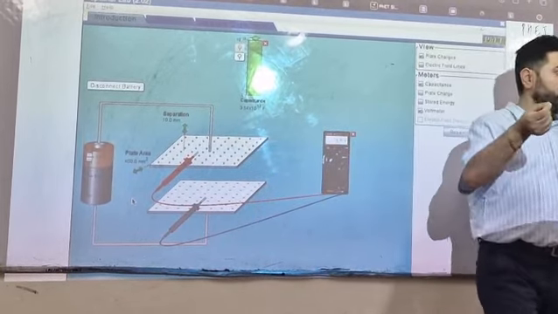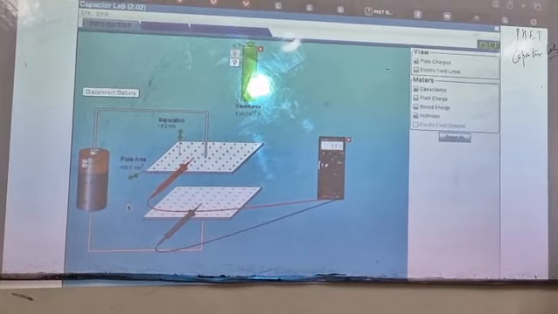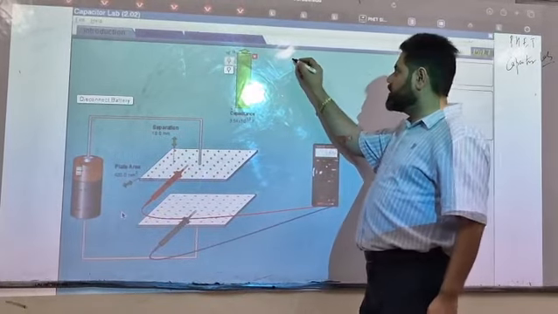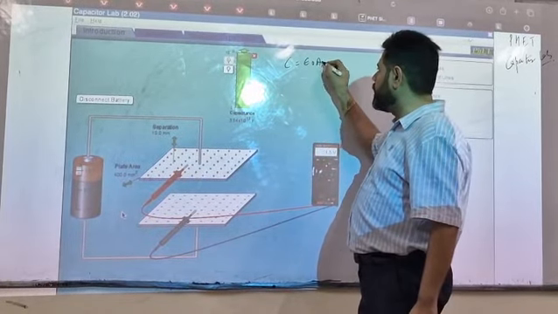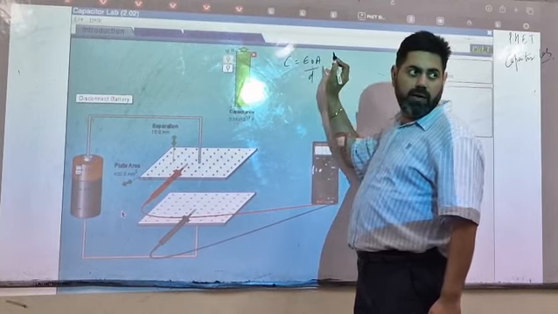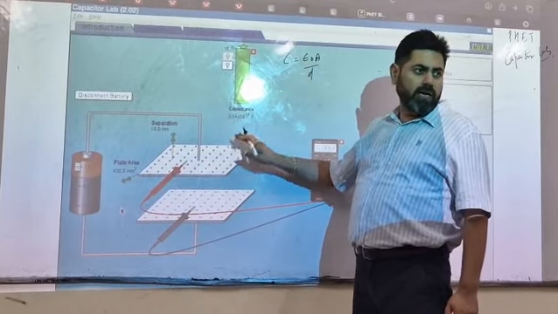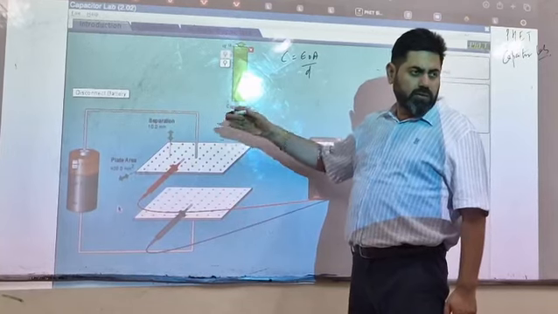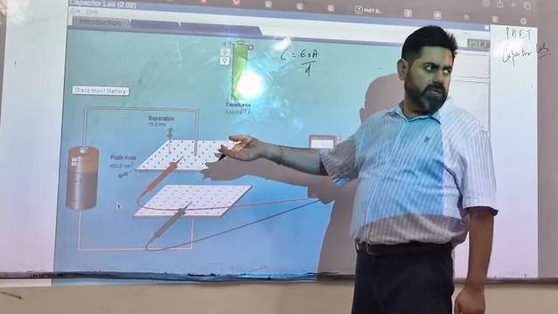It is as per the same formula which I have written earlier, that C is equal to epsilon naught A by d. A is the area. You increase the area, the capacitance increases. You change the separation, capacitance changes accordingly.